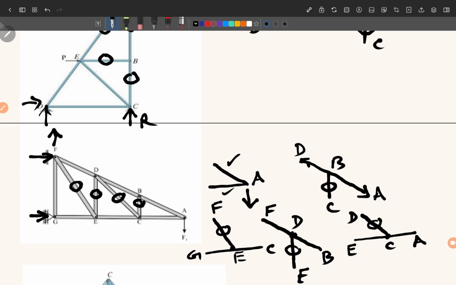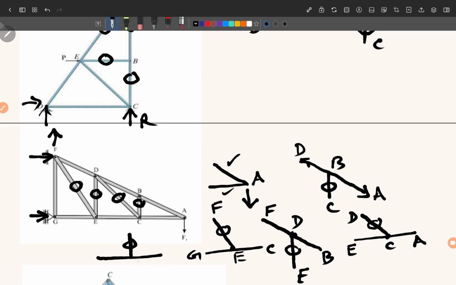Now look at G. The joint G has how many? Two members, right? And there is one reaction. So in that case you can say that there are three forces, like this, and this force will be equal to 0.